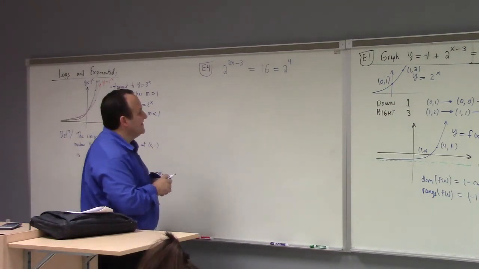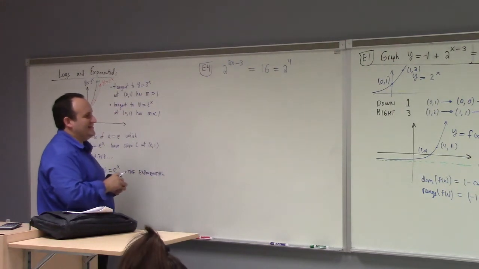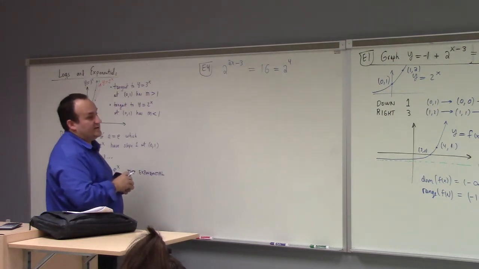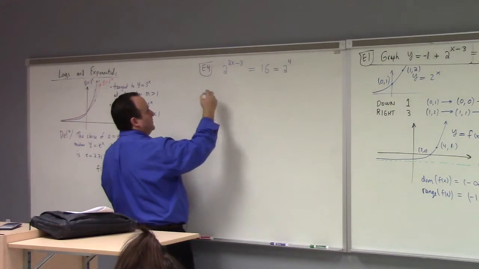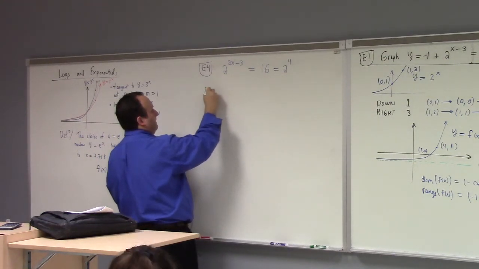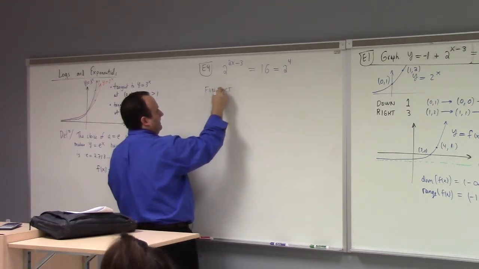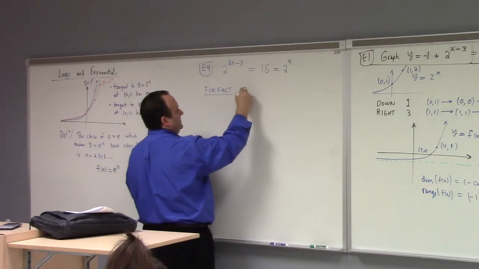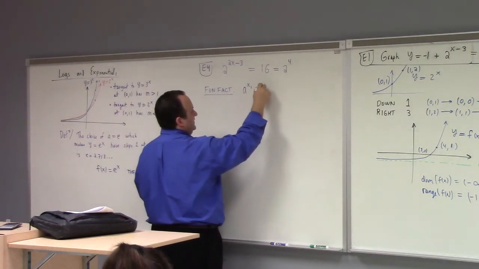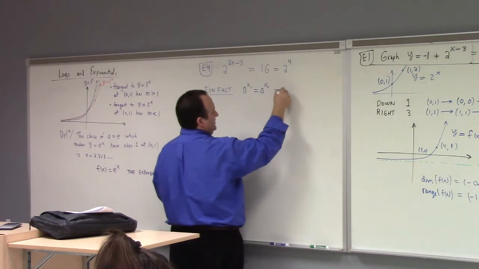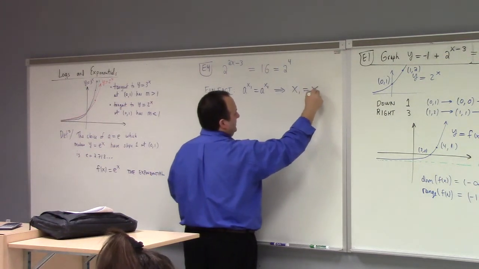Whenever I verbalize something like that, I'm always wondering, did I say too many 2's? But there it is. Now, here's the deal. Fun fact: if we have a to the x1 equals a to the x2, that implies x1 equals x2, right?